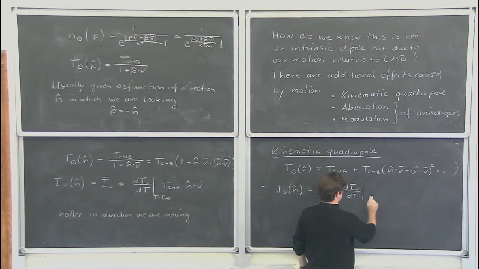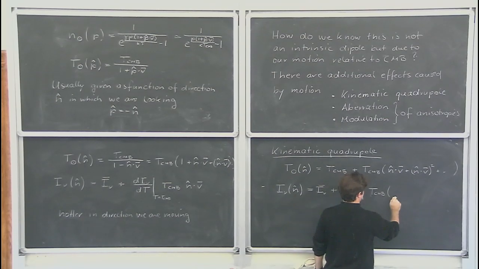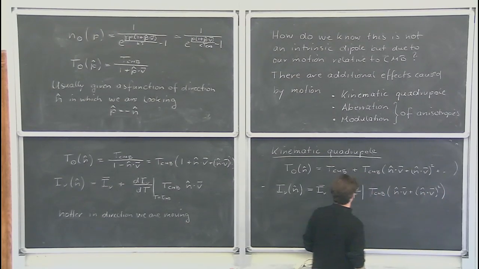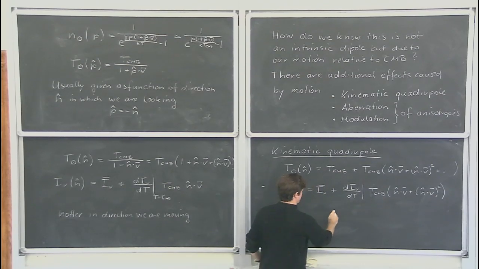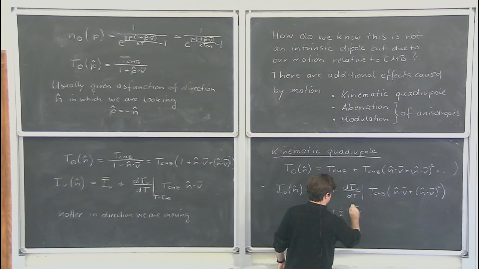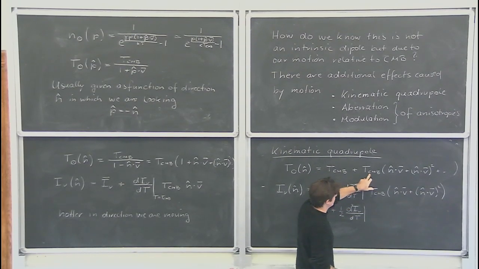The temperature fluctuation is that thing, so it's T_CMB, which is the 2.7255 Kelvin, times n hat dot V plus n hat dot V squared, and let's drop the higher order terms. And then this expansion keeps going, so there's plus 1/2 d squared I_nu over dT squared, so the second derivative of our intensity with respect to temperature evaluated again at the CMB temperature, and then it's delta T squared.